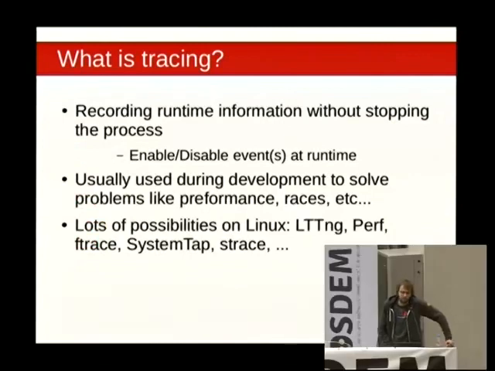So the difference between tracing and debugging, or having logging with syslog and so on, is that you can enable or disable events during runtime. And tracing is low intrusiveness, very high performance. So with LTTng, we created this user space tracer and a kernel tracer, and then we created the LTTng tools component that mixed them together, so you can merge kernel and user space trace within one trace and analyze that after all.